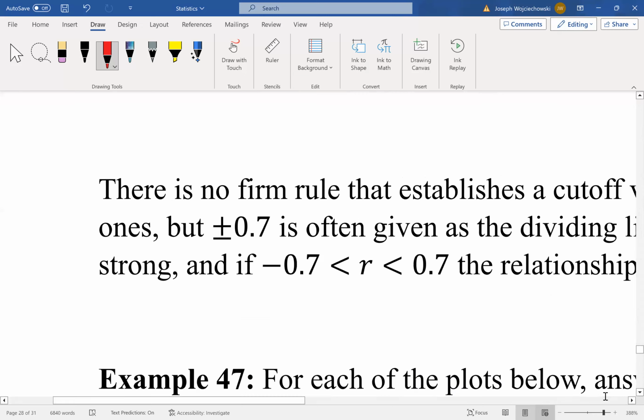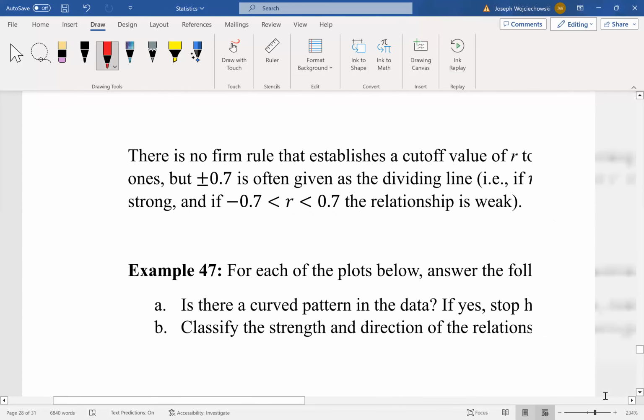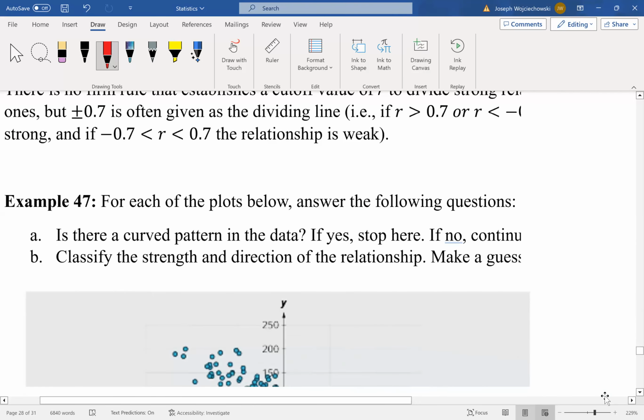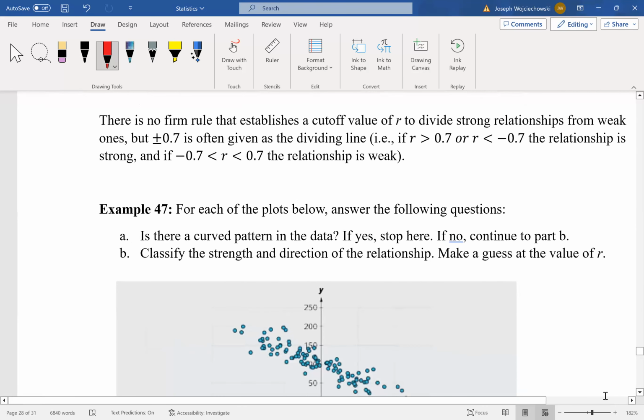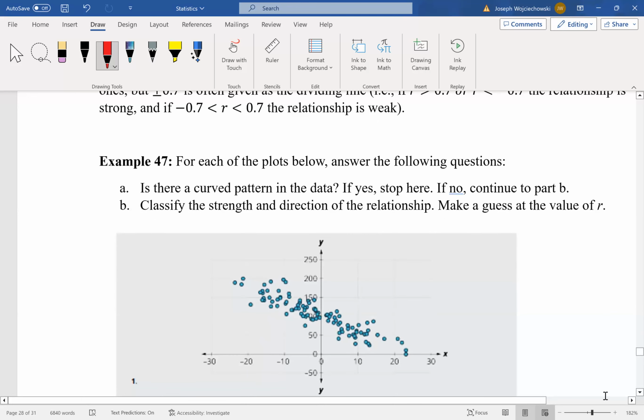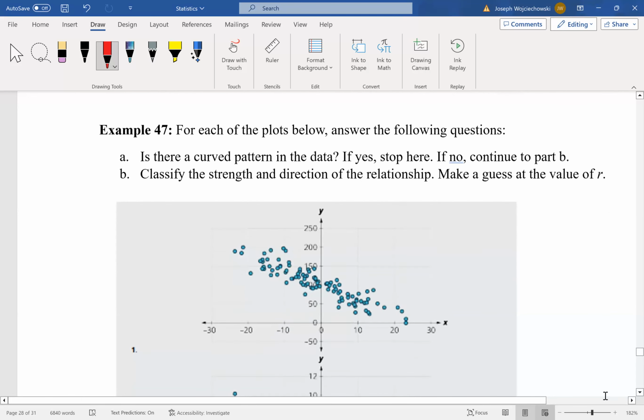So let's look at this. For each of the plots below, answer the following questions. Is there a curved pattern to the data?